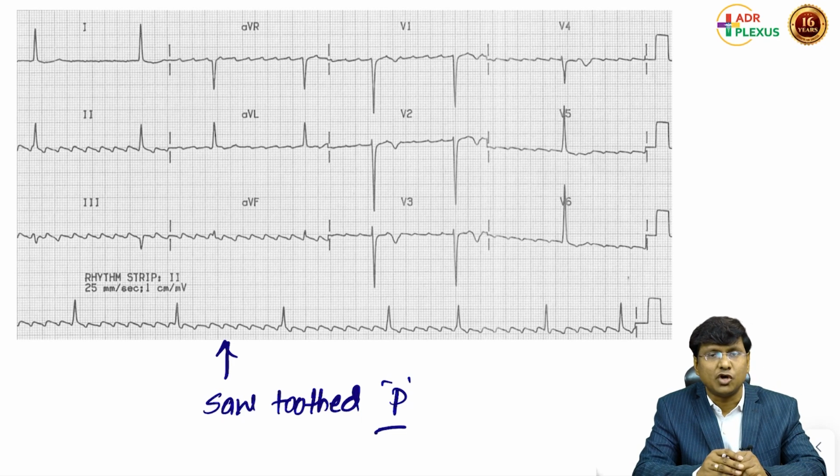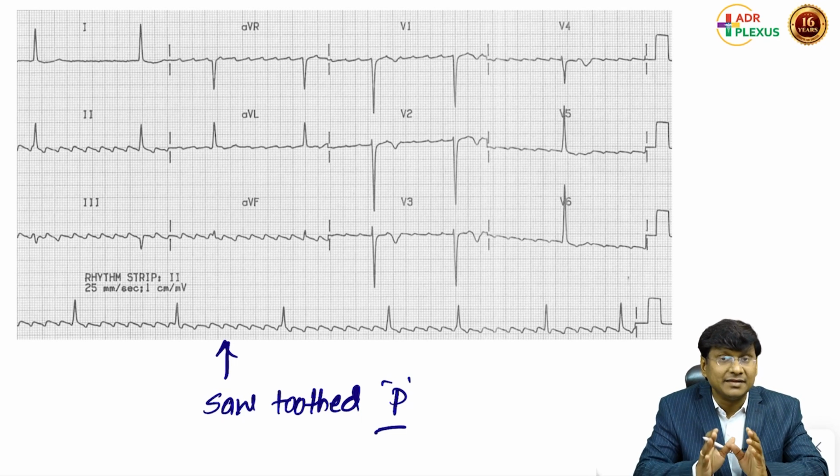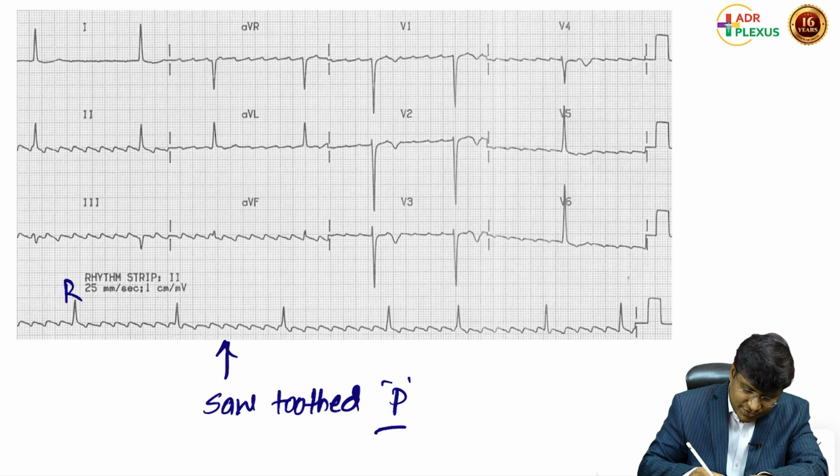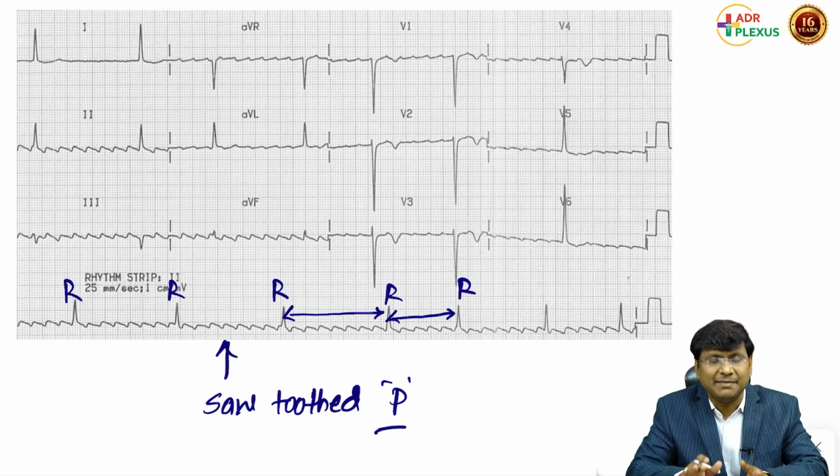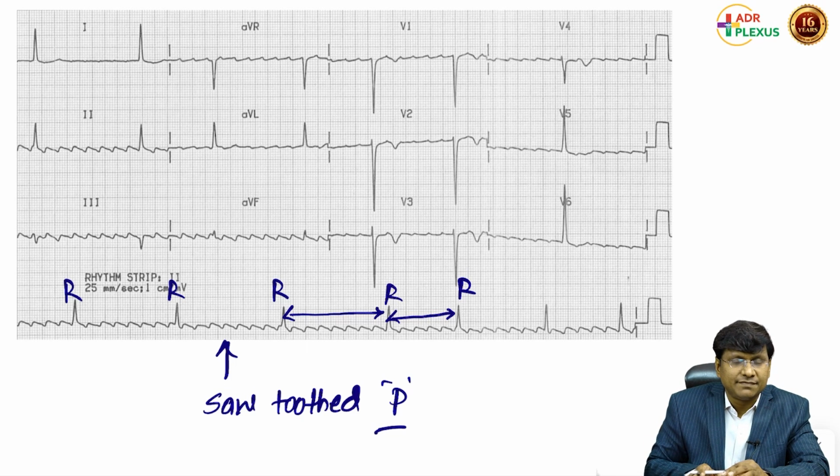And in between the R waves, if the number of large boxes is the same, then we consider it as atrial flutter with fixed AV block. Whereas here, if you observe, the RR interval is variable.